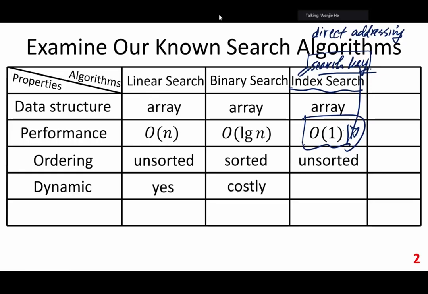For binary search with dynamic data, recovering the order information is very expensive. For index search, you do not need to maintain the order. The reason it's costly is that you need to maintain the order; otherwise, in the next round you cannot apply binary search.